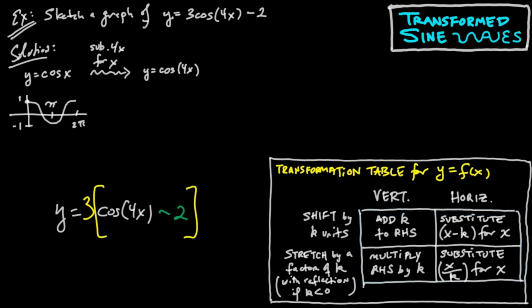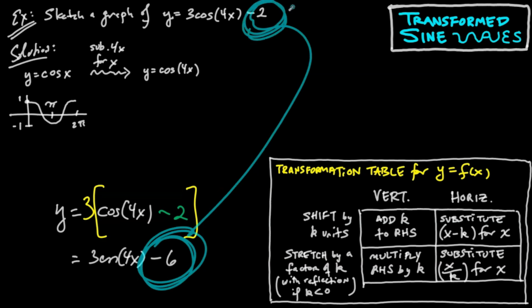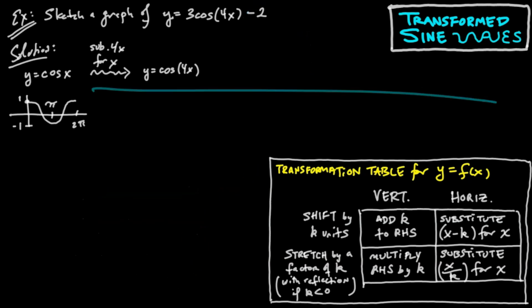The only one of these moves that involves multiplication is multiply the right-hand side by k. The whole right-hand side, not just some little bit. And of course, if we did that here, we would end up with the wrong thing, because when we multiply that out, we would get 3 cosine 4x minus 6, which is not what we want. We're aiming at minus 2. So the order in which we do our sequence of operations is very important.